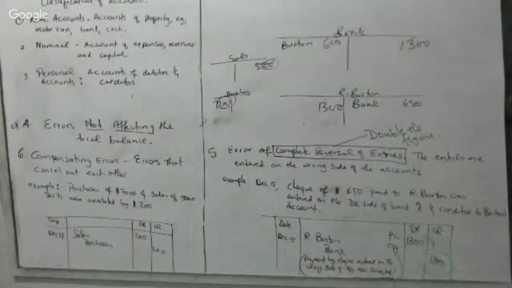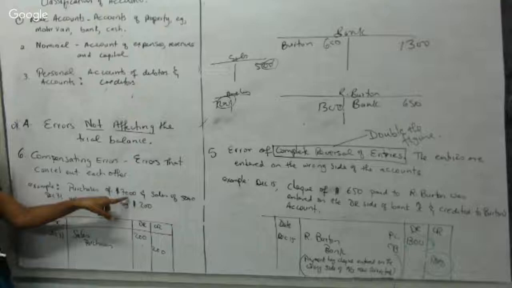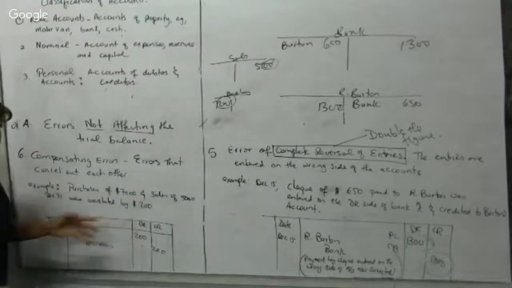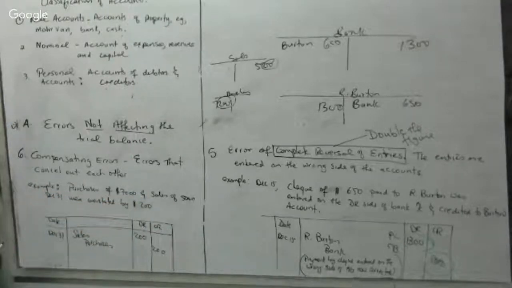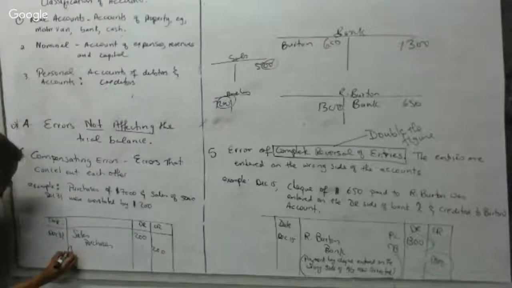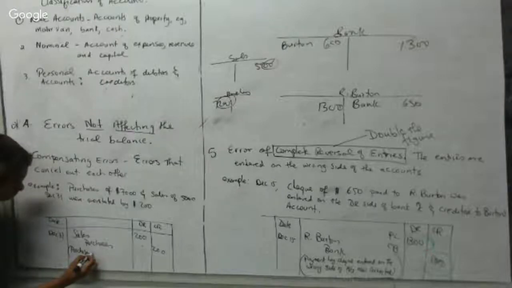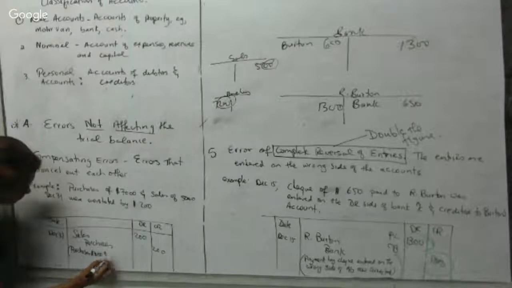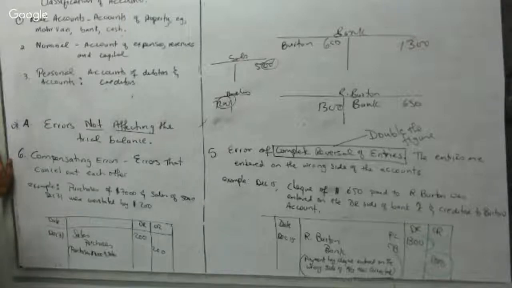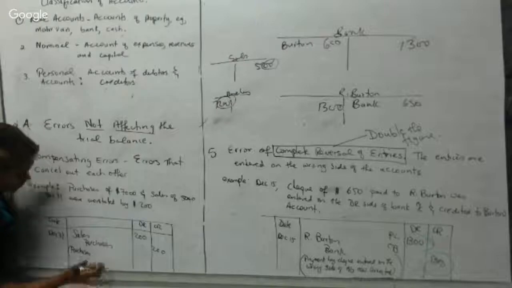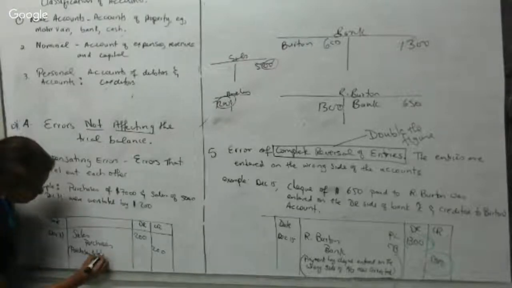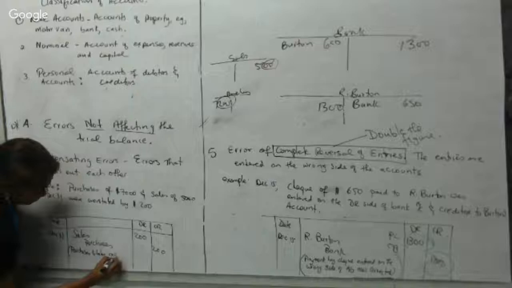And for the narrative, we want to write something that clearly shows what the values are or should be. Purchases and sales were overstated by 200.